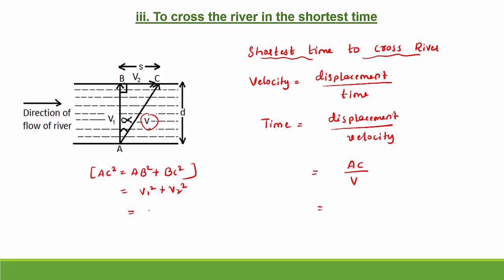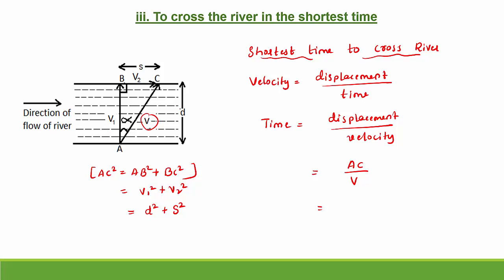But AC is all about displacement. Don't write velocity values here. Instead of V1 and V2, we have to write the distance values. AB is equal to the width of the river, D square. BC is the displacement of the swimmer, that is S square. Observe the diagram.